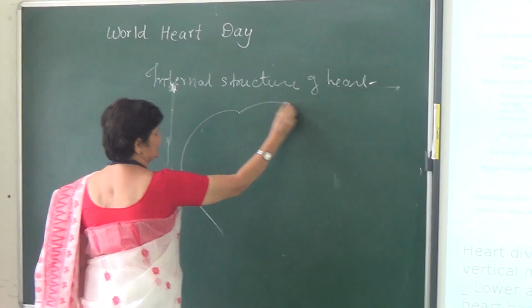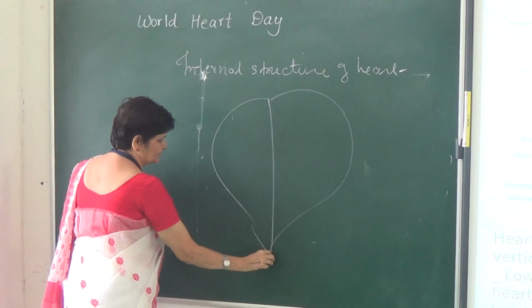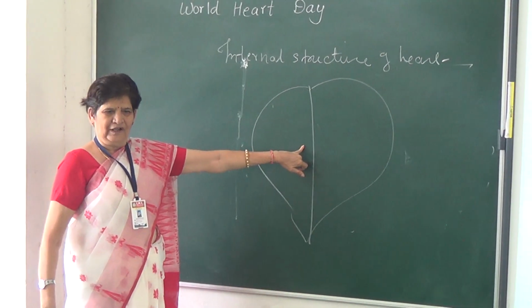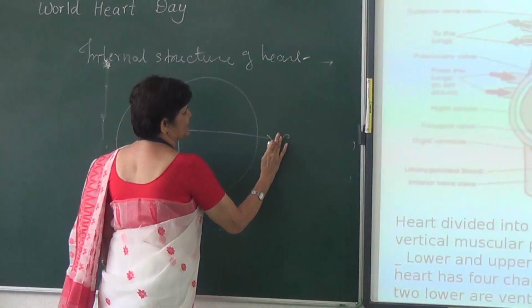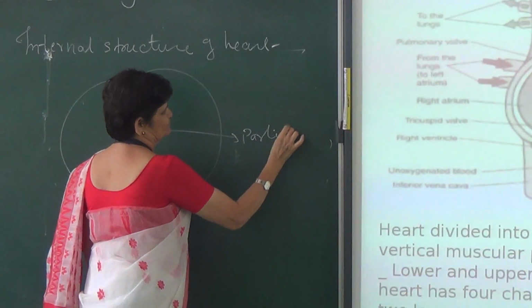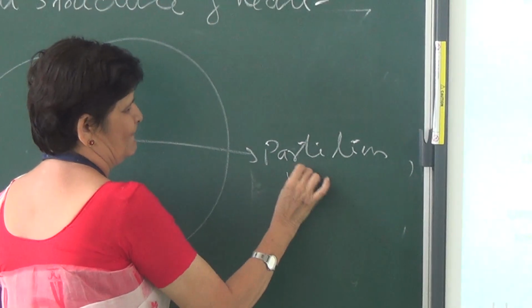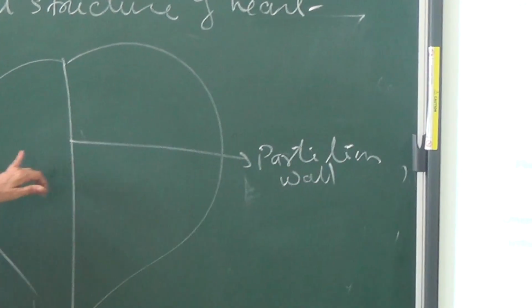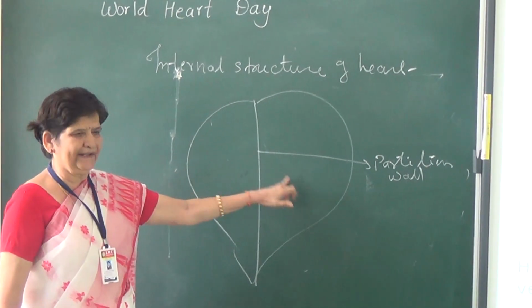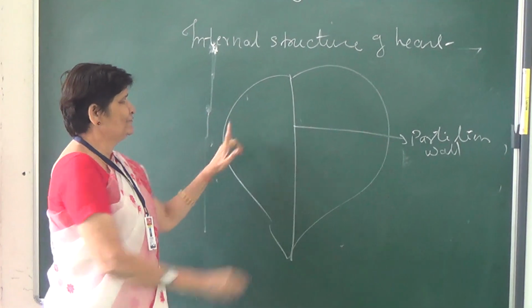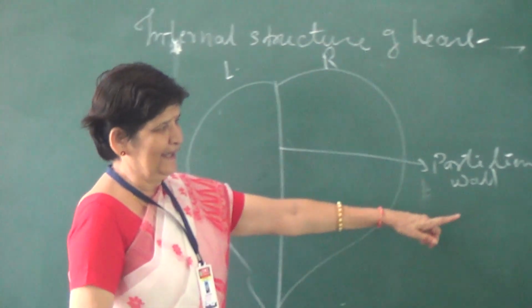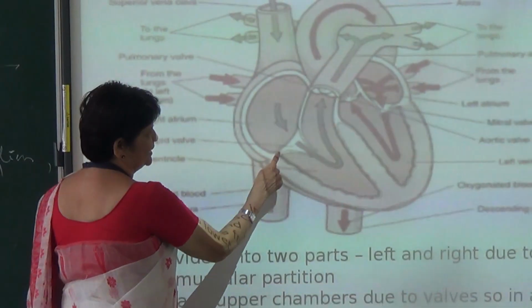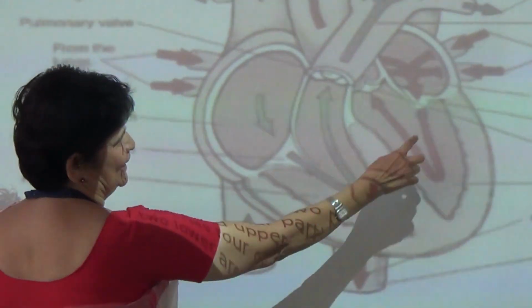So again, if we draw the rough figure, this is called as the partition wall. Because of this partition wall, the heart is divided into two parts, left part and right part.